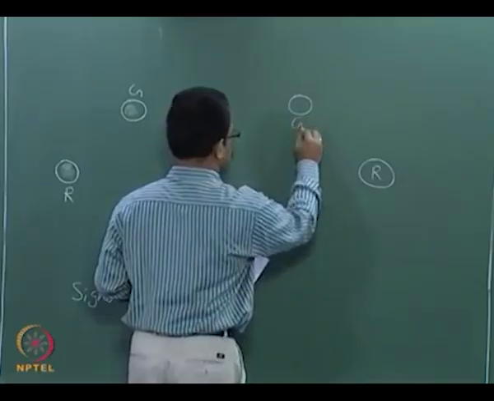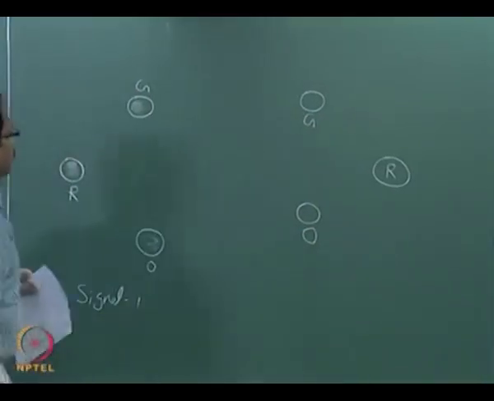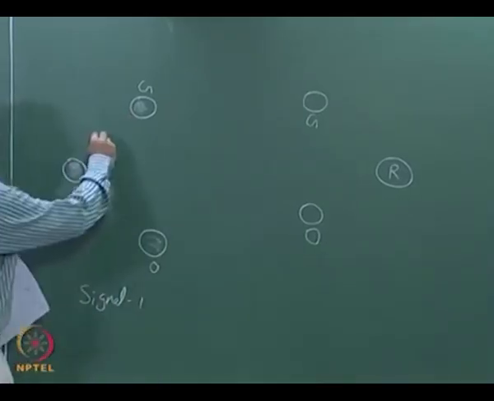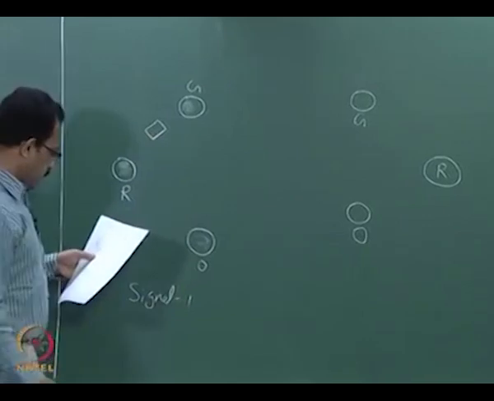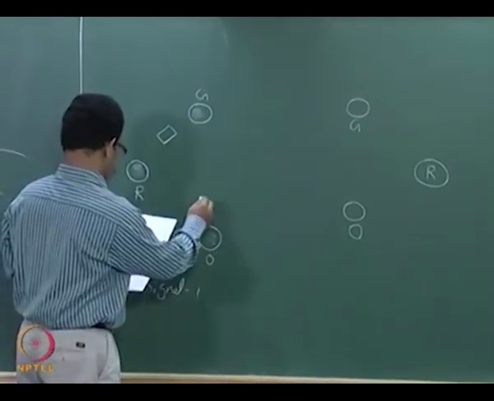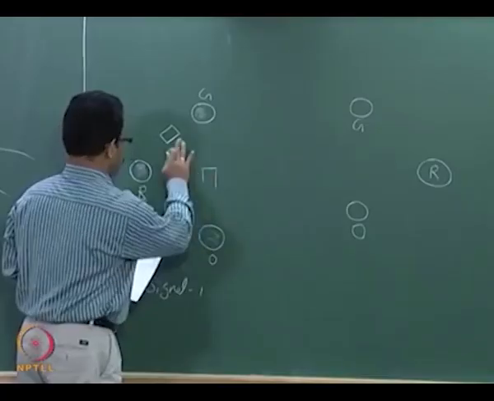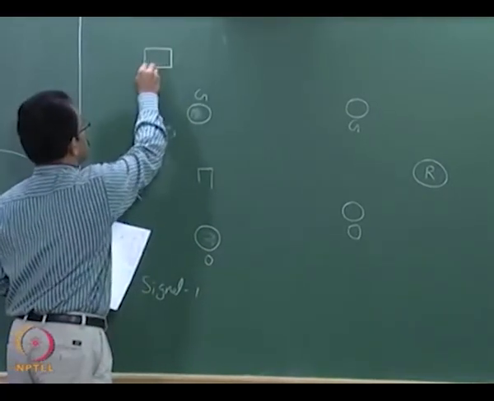So red, green and orange, and we need to have the transitions, because when we want to change from red to green you need a transition. So we will represent that transition here, then green to orange, one transition. Let me represent it here because it is easy to represent the transitions.